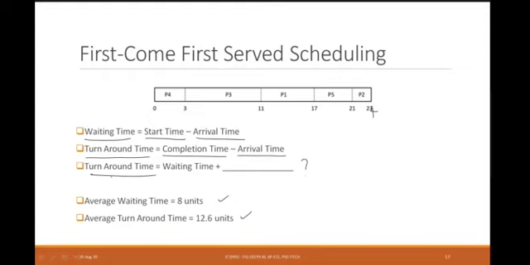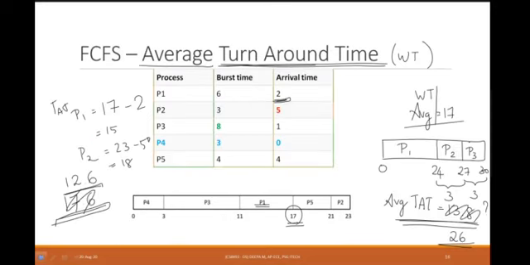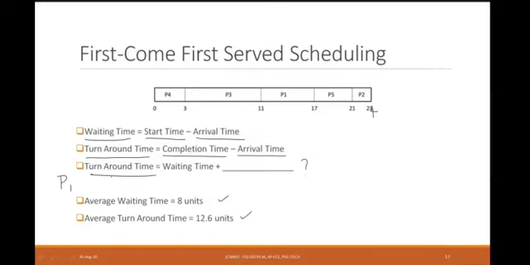Can you check your sheet and tell me? Wherever you have written, you know the turnaround time. Can you give an example? P1, what is the turnaround time? P1 arrived at 2.